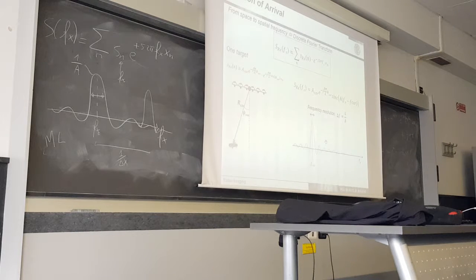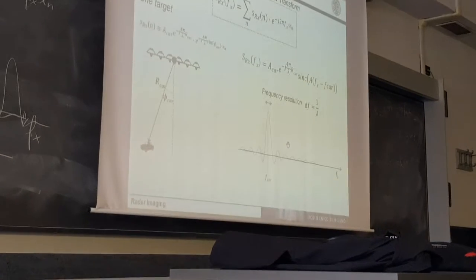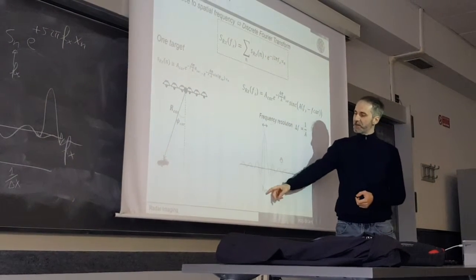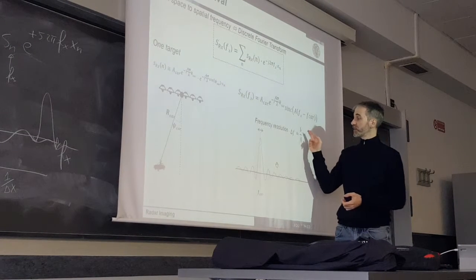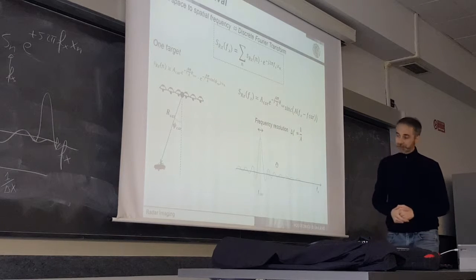And this is solving the exercise for you. You just do a Fourier transform, and what you end up with is a beautiful peak, which is telling you what is the frequency of the target. Your frequency resolution is the inverse of the length of the array.